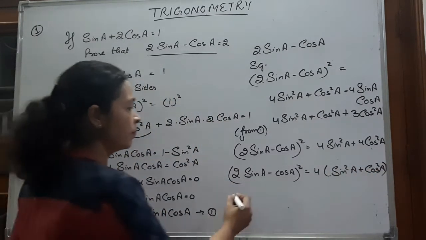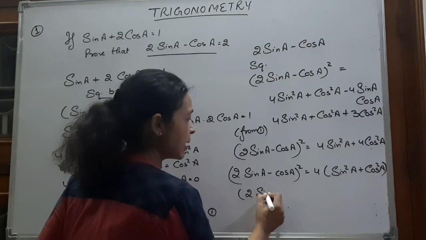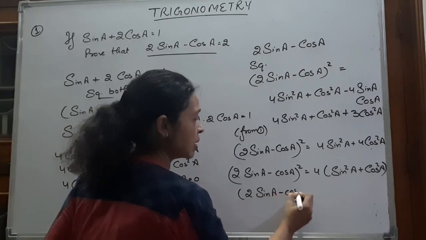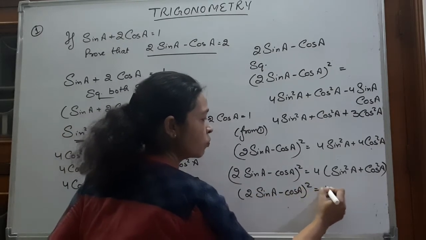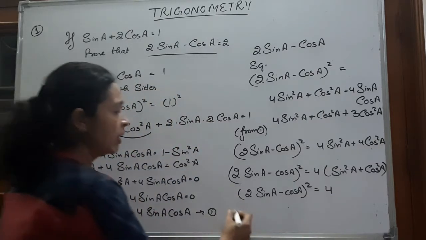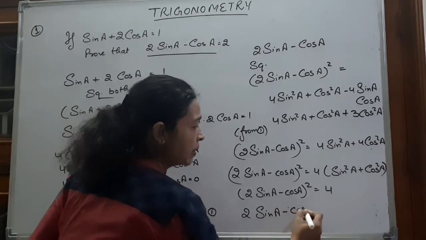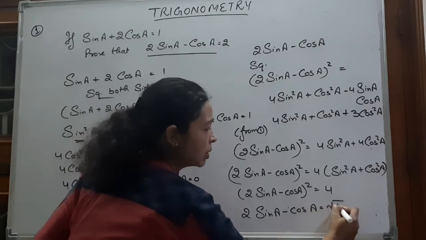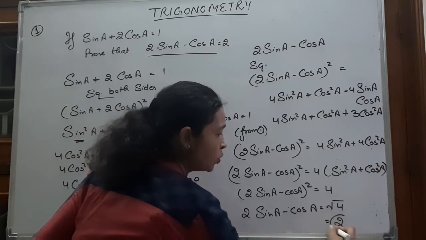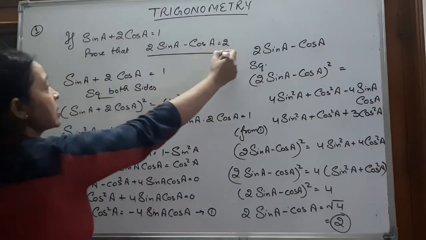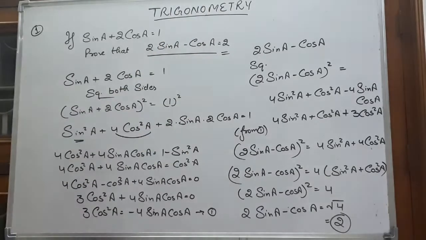This is 1. So (2 sin A minus cos A) whole square is 4. We have to find the value of 2 sin A minus cos A, which equals root 4, and root 4 is 2. So this is our answer which we had to prove.